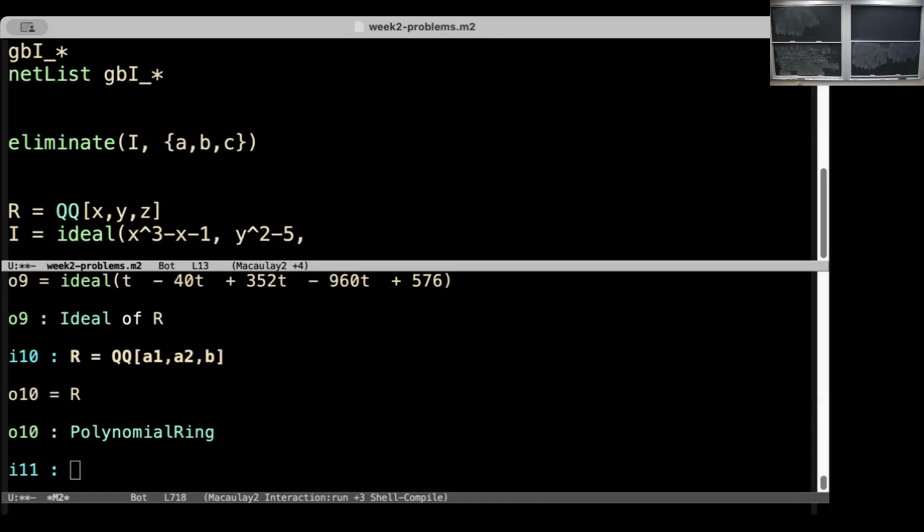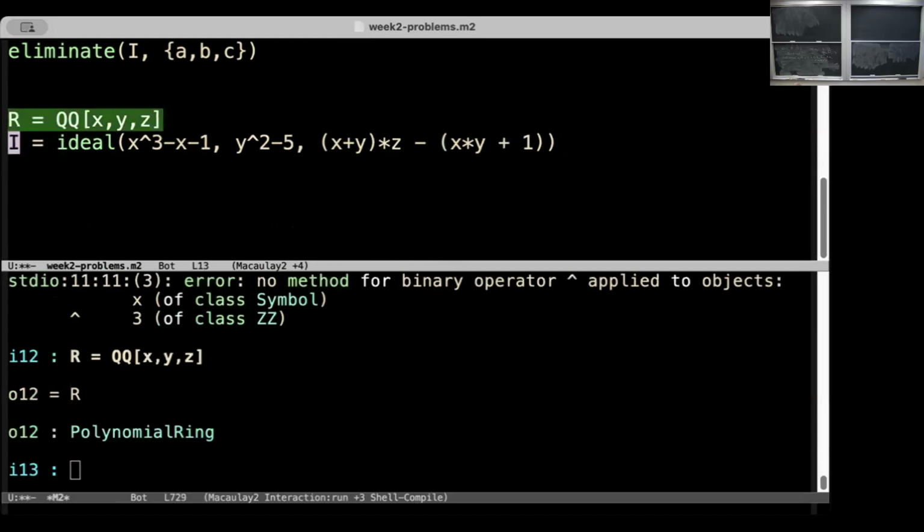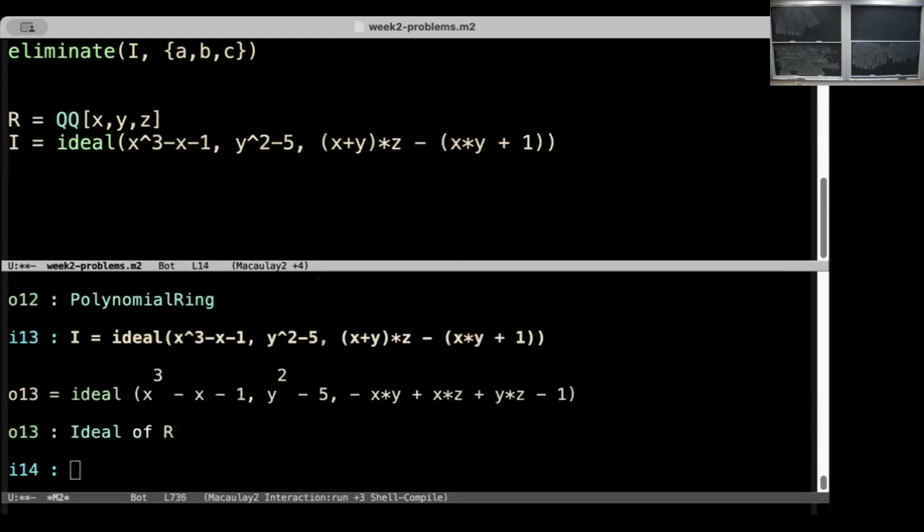And then what is the last one? X times Y minus 1, like that. No, it's +1 inside the brackets. Actually, something's wrong. Maybe I didn't run this line. Yeah, okay. So now I have this ideal.